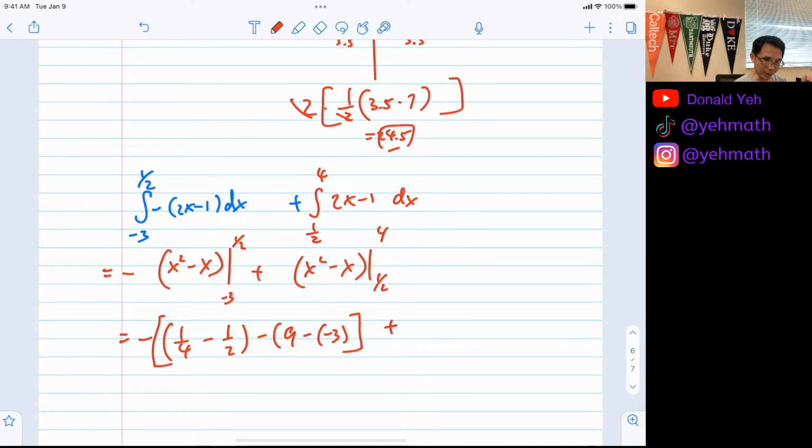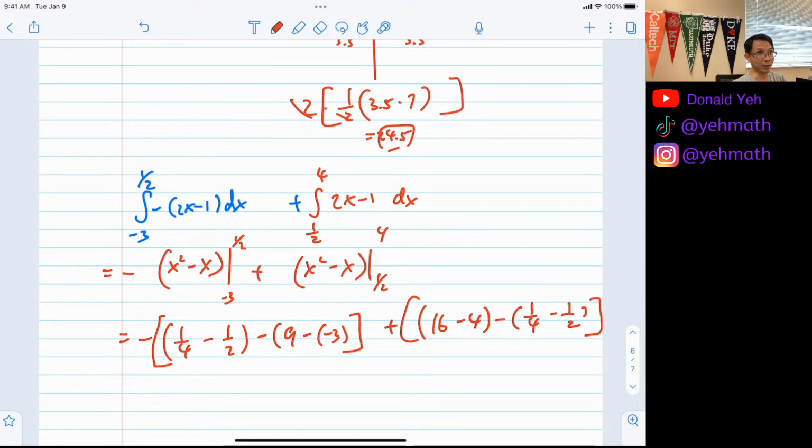The second part is going to be, sorry, it's just going to be 4 squared. It's going to be 16 minus 4 minus 1/4 minus 1/2.